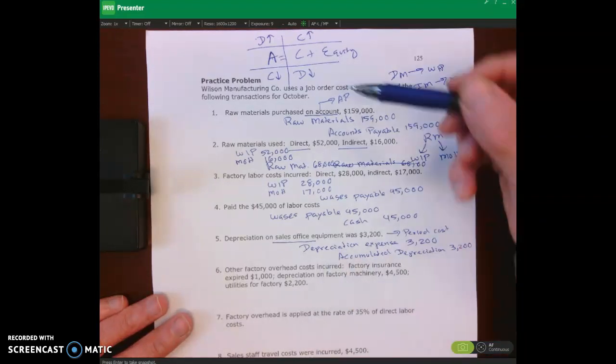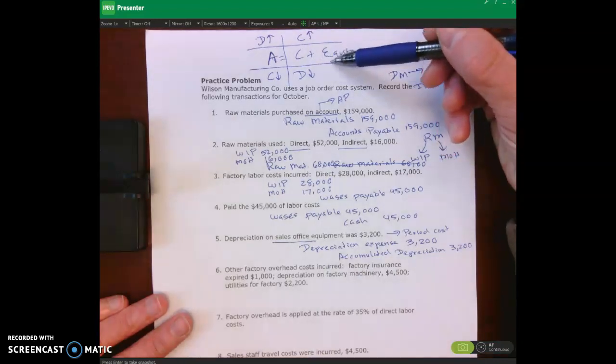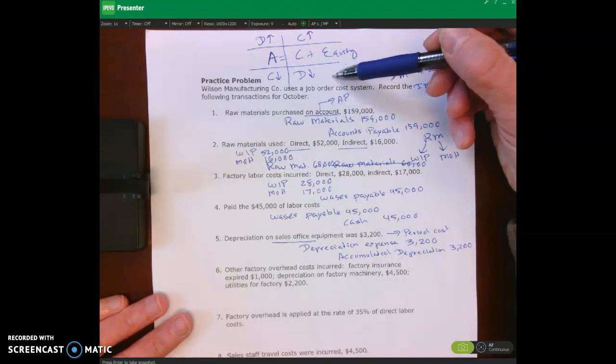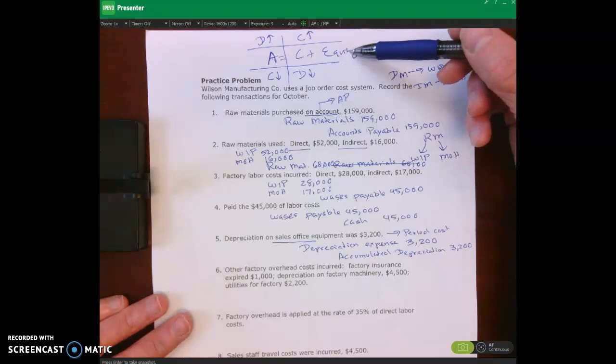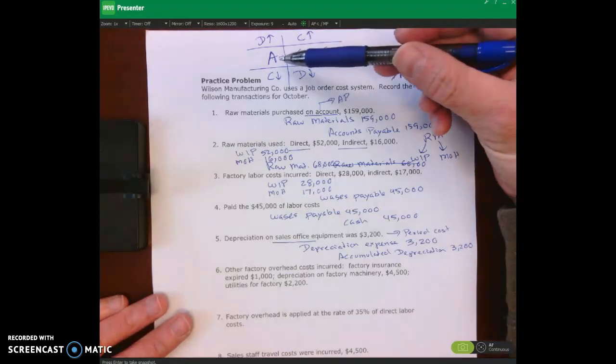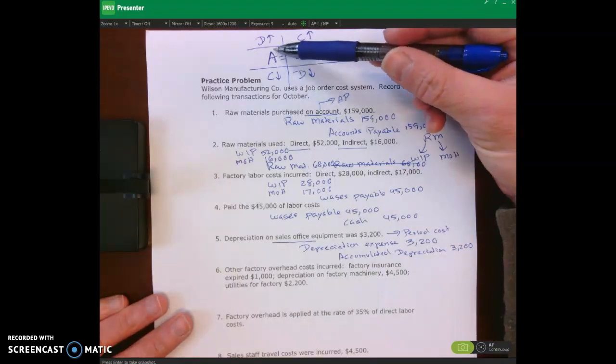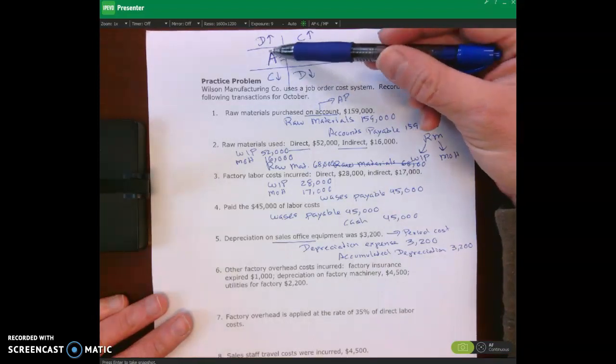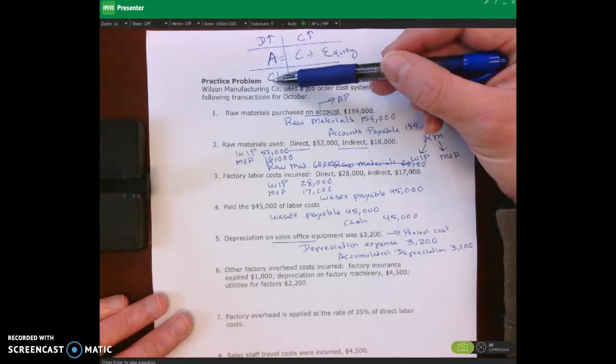Depreciation expense: expenses go up, equity goes down. So this side of the equation goes down because equity went down, and equity went down because expenses went up. Accumulated depreciation is a contra asset account. As accumulated depreciation goes up, the book value of our assets goes down.